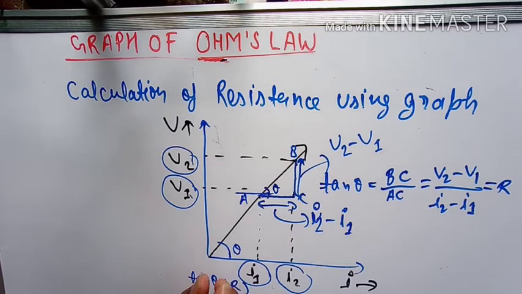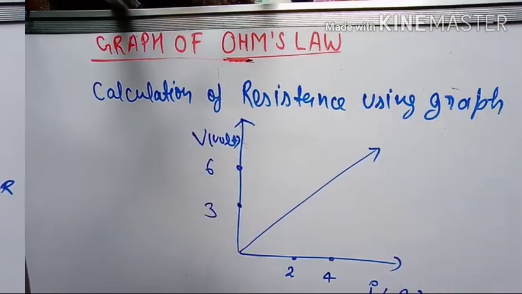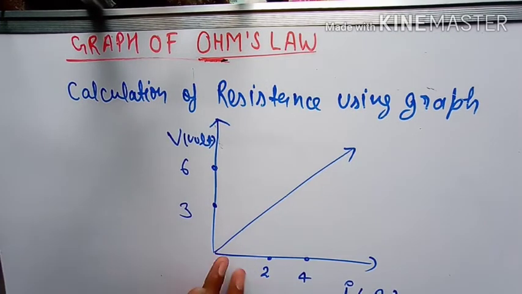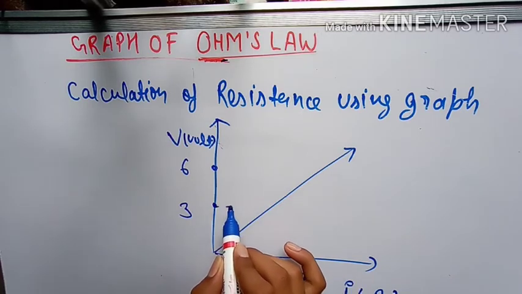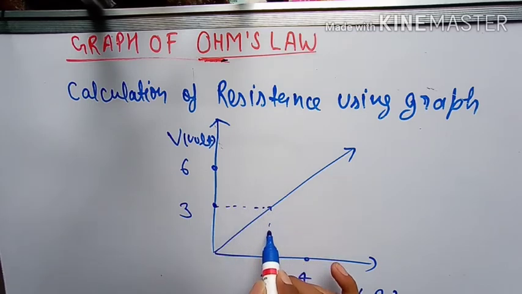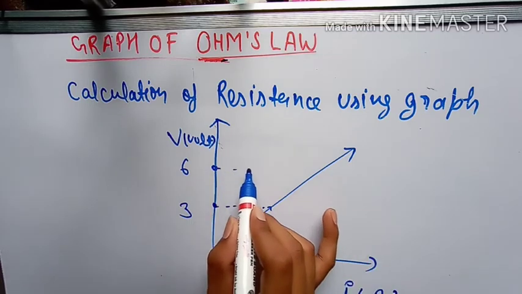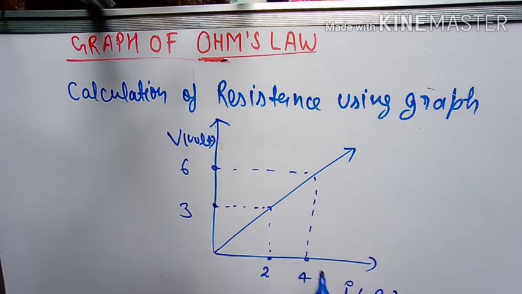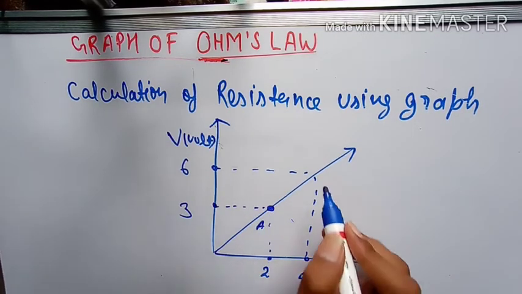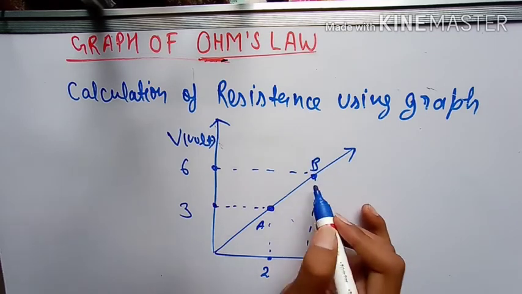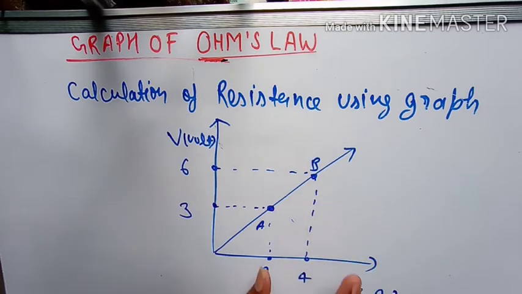So let's take a numerical problem based on this. Look at the question. This question is given to calculate the value of resistance. Right now you have to draw these perpendiculars. I made it. Now put this as A, and this is B. These are two points, and you have to calculate the value of resistance for the following slope.